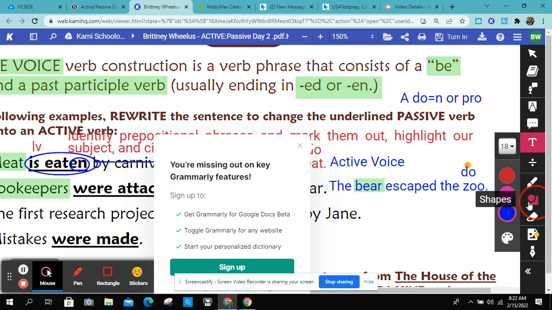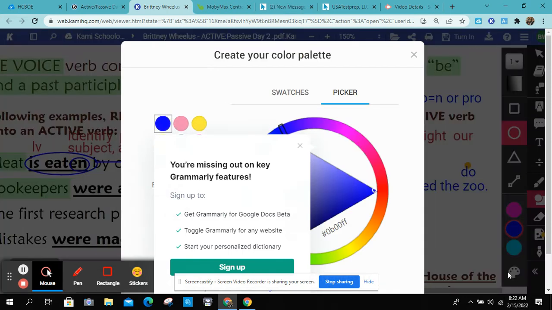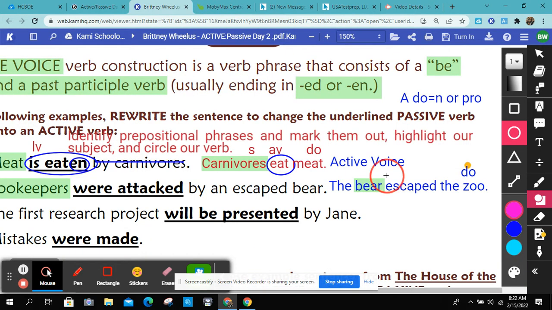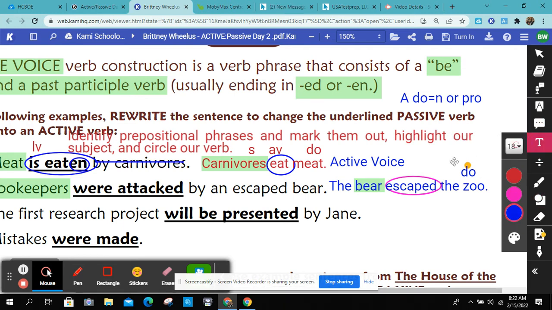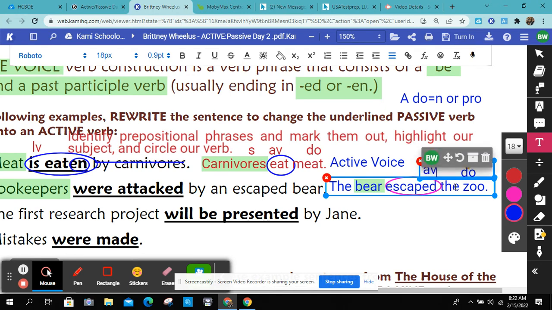All right, what is my verb in the bear escaped the zoo? Escaped. And is it an action verb, linking verb, or helping verb? It is action. It actually tells us what the bear did. Okay, action verb.